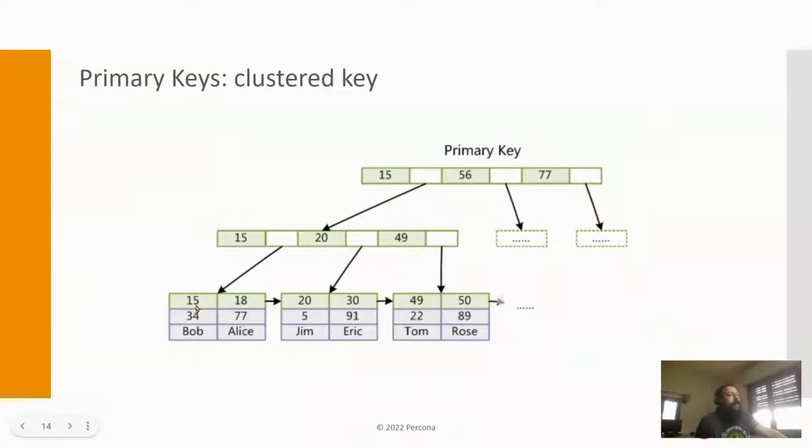So, primary key 15, it's employee ID 34, Bob. And then you have 77, Alice, and so on.